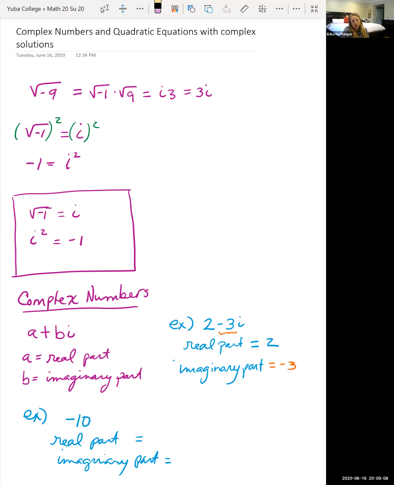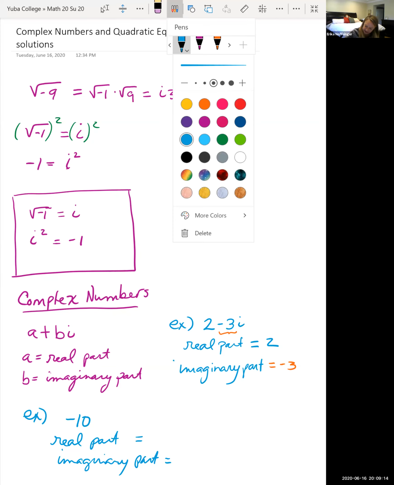Well, notice there's no i in there. And so we can think of this as, instead of -10, -10 plus 0i. 0 times anything is 0. And so our real part is -10, but since there was no i in there, the imaginary part is 0.